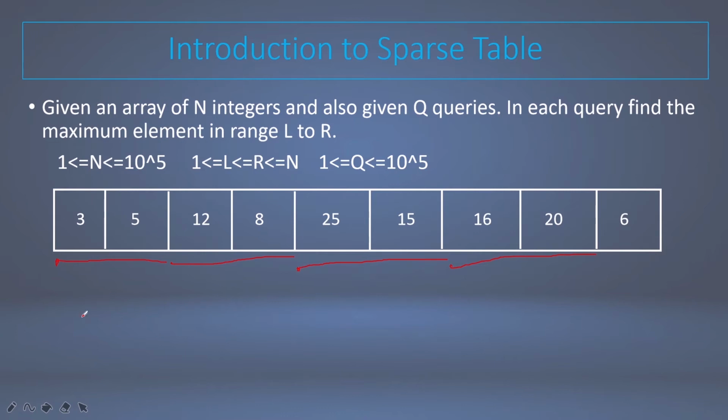So if we make the block size big, suppose like this, then there is a small chance that the whole block lies inside a query. The query may cover only this part of a block, and the other part of the block can be outside of our query, right?